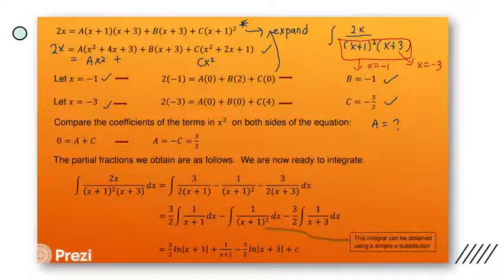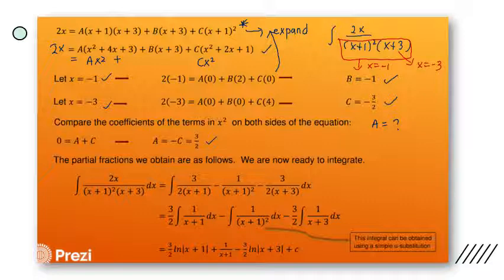That's why a plus c equals 0. Then we find a: a equals negative c. We substitute c, which we have found before, so a equals 3 over 2.